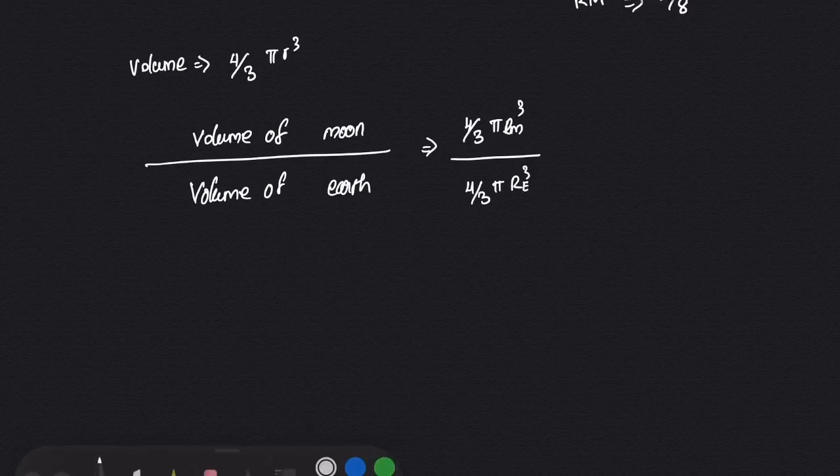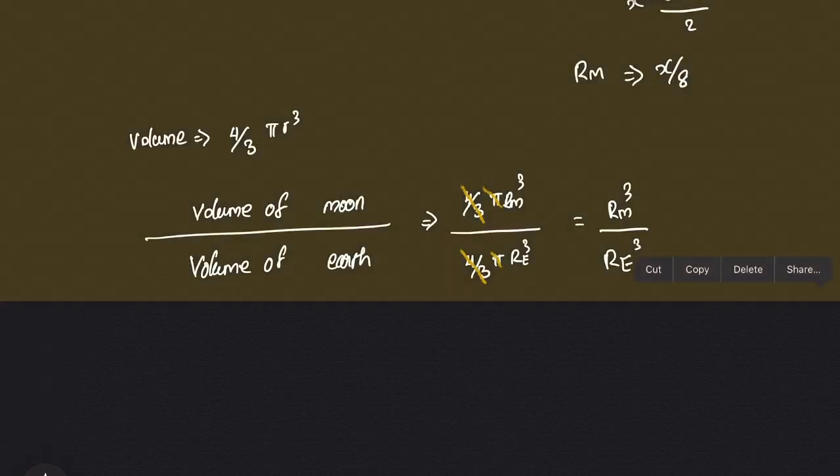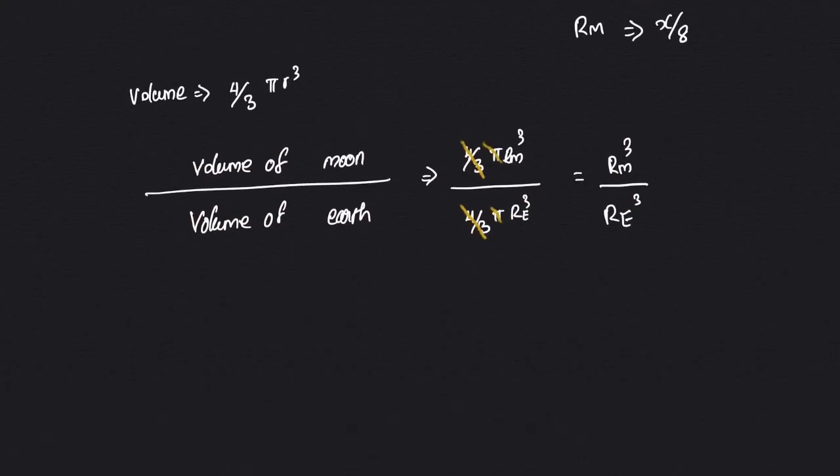So just cancel the common terms. 4 by 3 is common and pi also common. So the value is rm cube divided by re cube. So just replacing the values. The radius of moon, rm, is equal to x by 8.